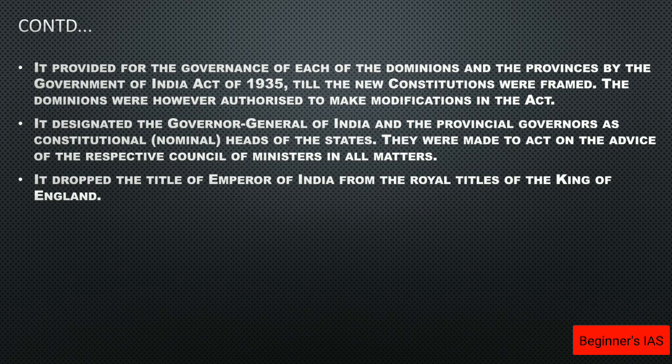Lord Mountbatten made Jawaharlal Nehru the first Prime Minister of independent India. Jawaharlal Nehru was sworn in as the first Prime Minister of independent India, and also the Constituent Assembly formed in 1946 became the Parliament of the Indian Dominion.